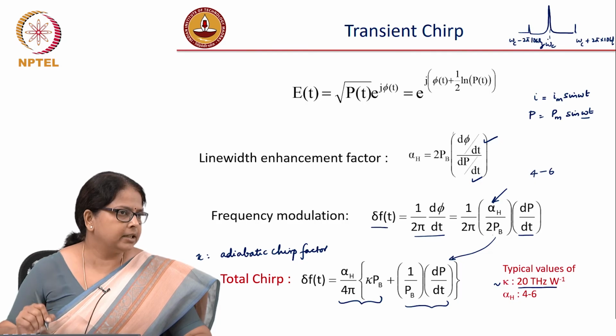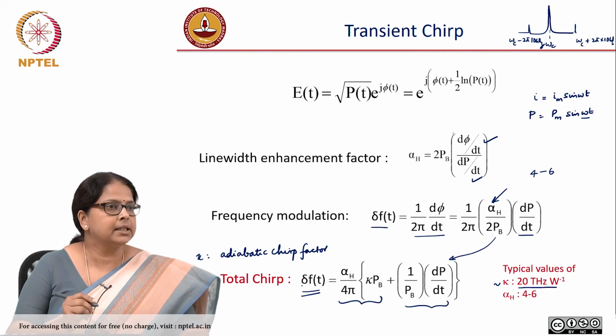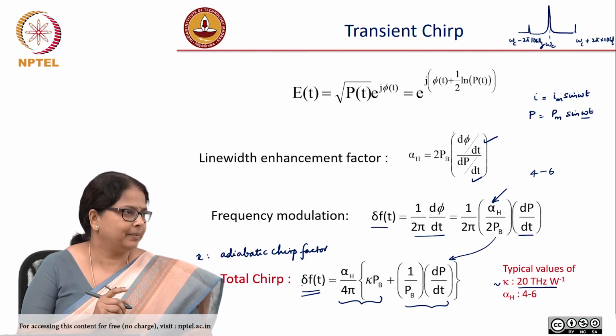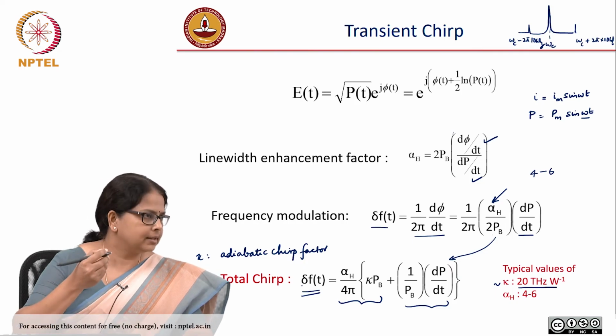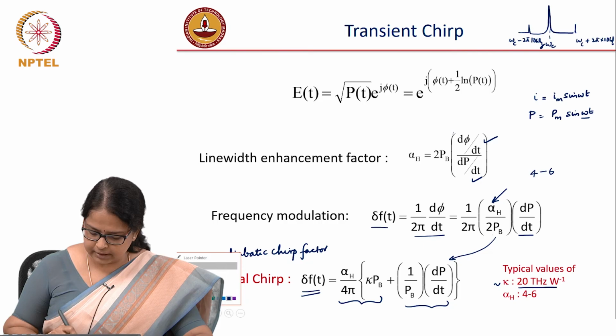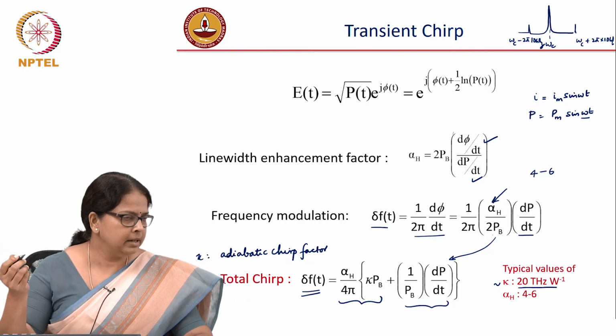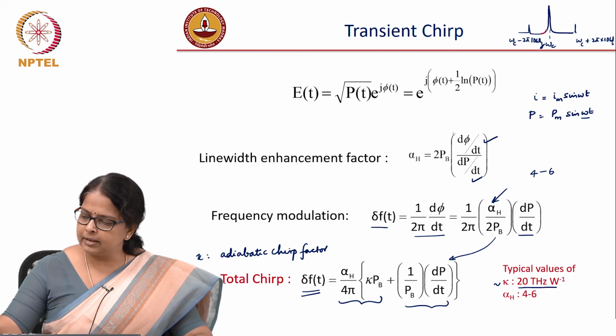What is this adiabatic chirp delta f that we are talking about? This should happen at the center frequency. So, if that adiabatic chirp is coming out to be, let us say, 2 gigahertz, it means that the center frequency, instead of your starting center frequency, which could be, let us say, a megahertz laser that we are picking, will now start to become broader.